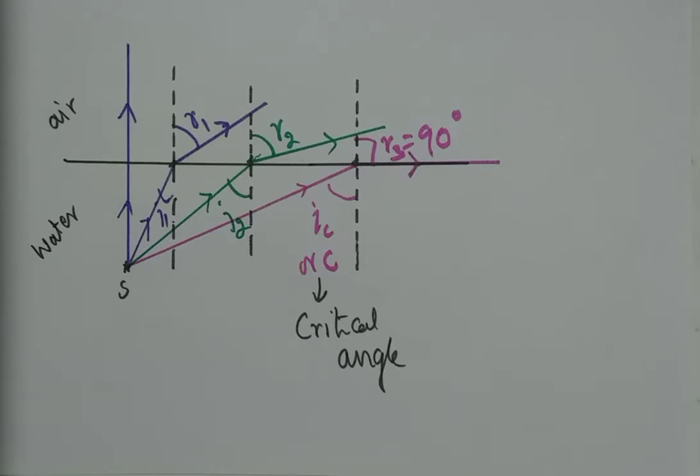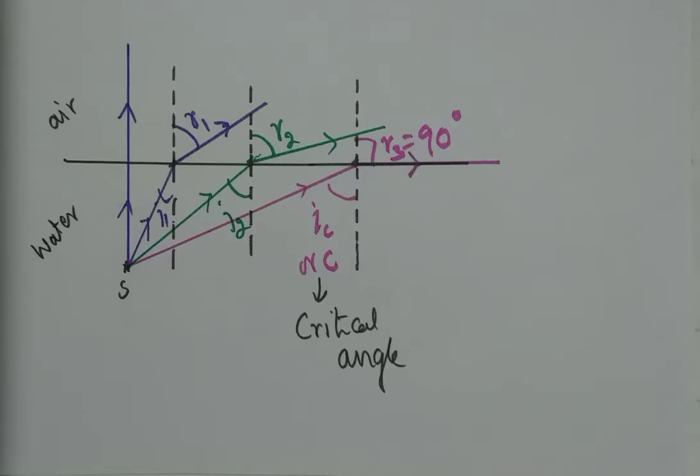This is not possible when light moves from rarer to denser, because in that case angle of refraction is always smaller than the angle of incidence. For no angle of incidence, angle of refraction can be 90 degree. Therefore, this situation is possible only for the light ray to move from denser to rarer.